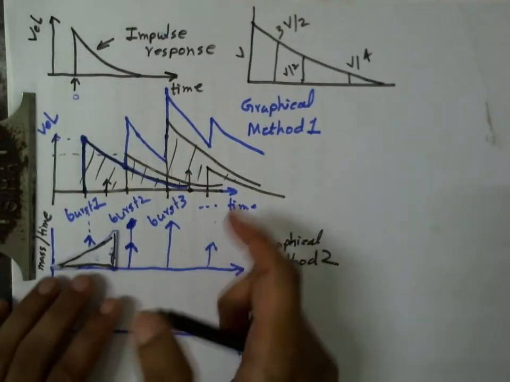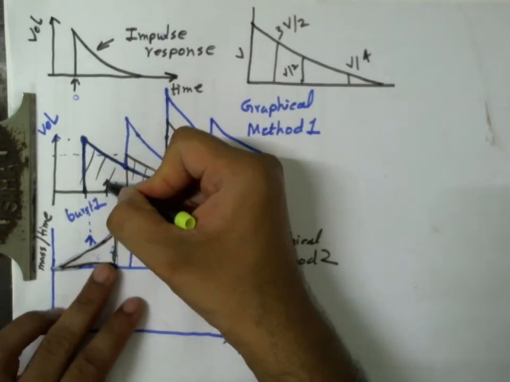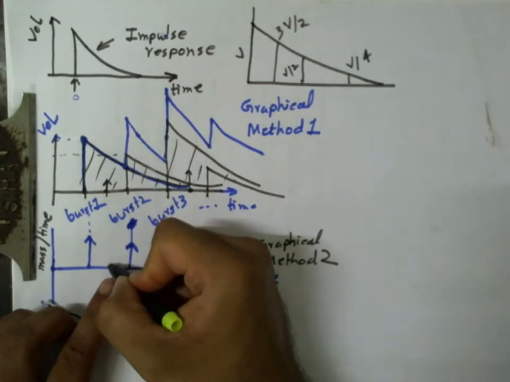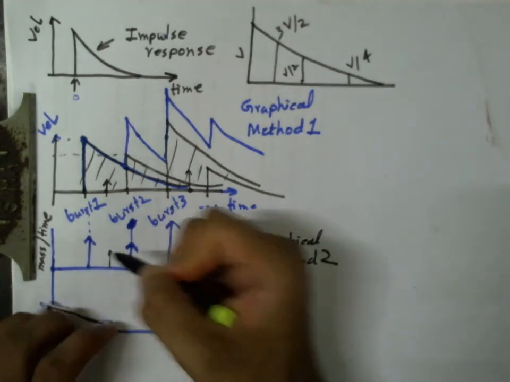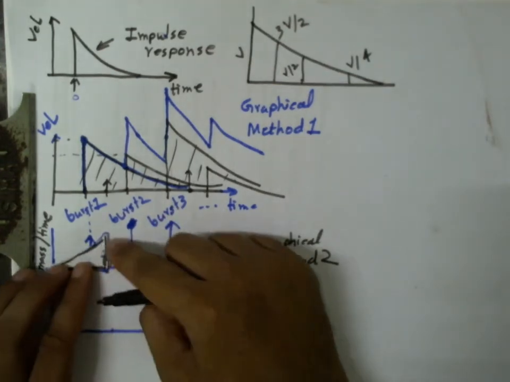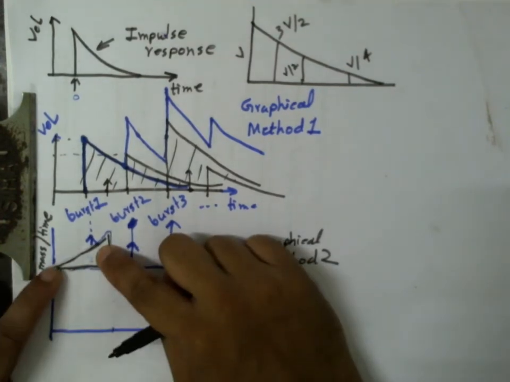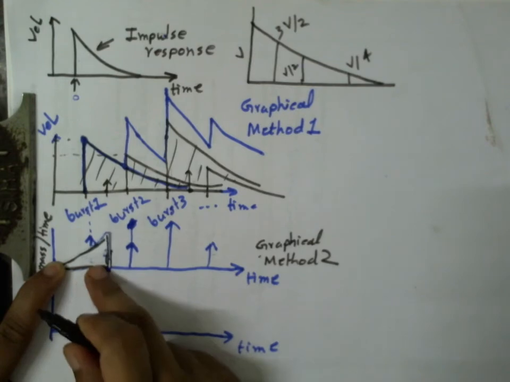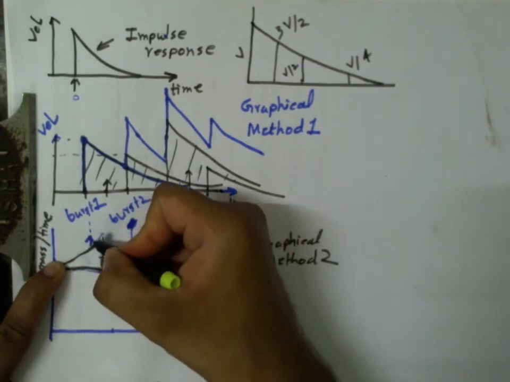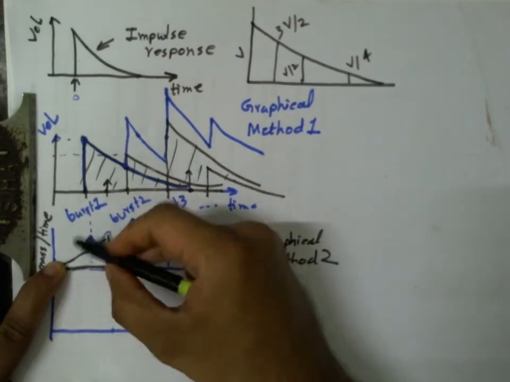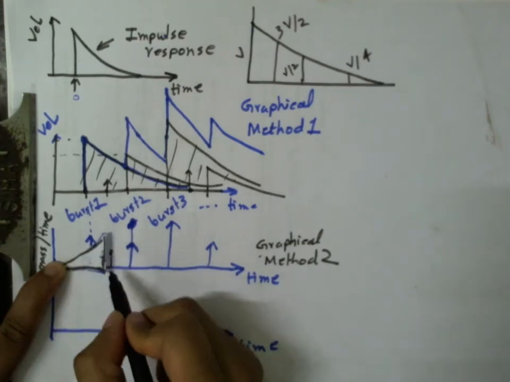So now if I am interested to know the velocity at this point in this curve, I have to check backwards whether there are impulses before this instance or not. And I see, yes, there is one impulse which is here before this instance.